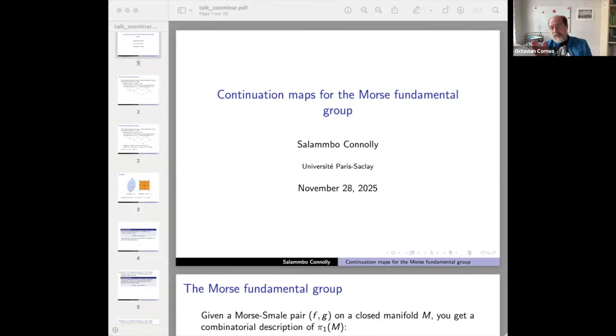Because the basic idea is when you do this. Initially, when Floer proved invariance, there were two methods. One was the bifurcation method, which was very complicated because it was a bifurcation method for Floer theory. The other one was the continuation map method, which was based on doing Floer theory with one dimension more.